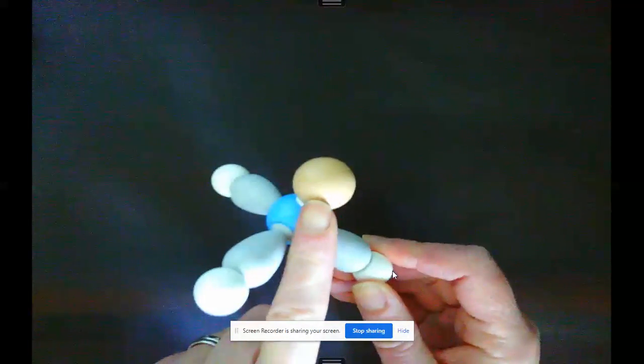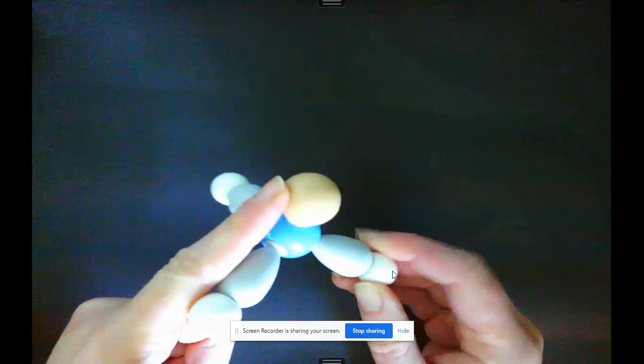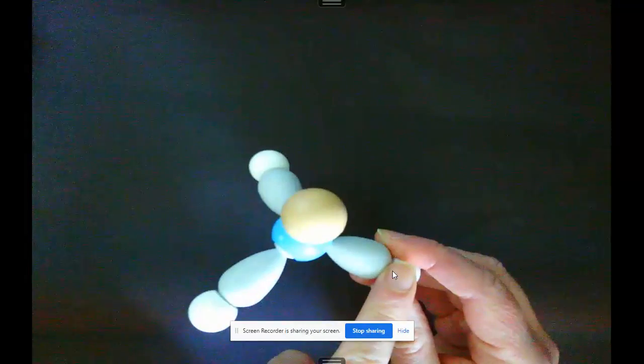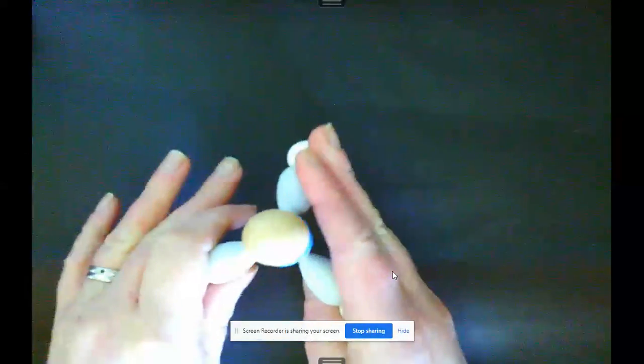Now what happens is that this non-bonding pair of electrons exerts a repulsive force on these 3 bonding pairs, and it actually squashes or pushes the bonding pairs closer together. I cannot do it with this model, but these bonding pairs will be pushed closer together.